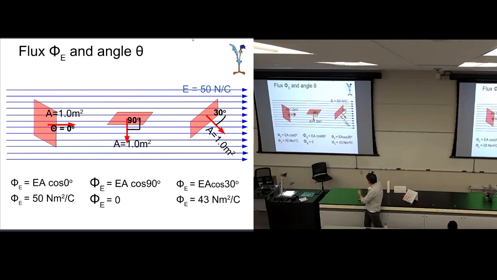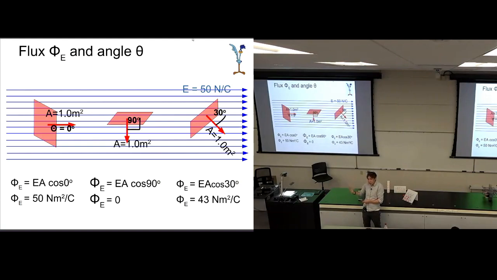If we wanted to calculate these three fluxes through these three surfaces, rather than just calculate the number of field lines, we could use this equation here. This was the second way that I wrote down the flux through a surface. And this way of writing down the flux through the surface is to use both the strength of the electrical field at the surface, the area of the surface, and the relative orientation of the field and the surface.